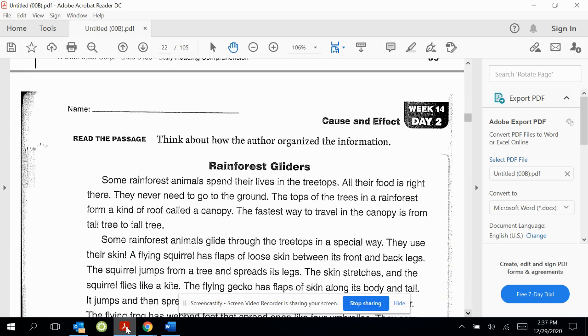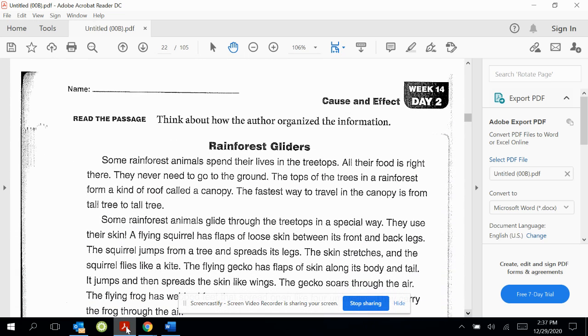Today is week 14, day 2, and we've been talking about cause and effect. What happens is the effect, and why it happens is the cause. You will read about different animals in the rainforest in this article.